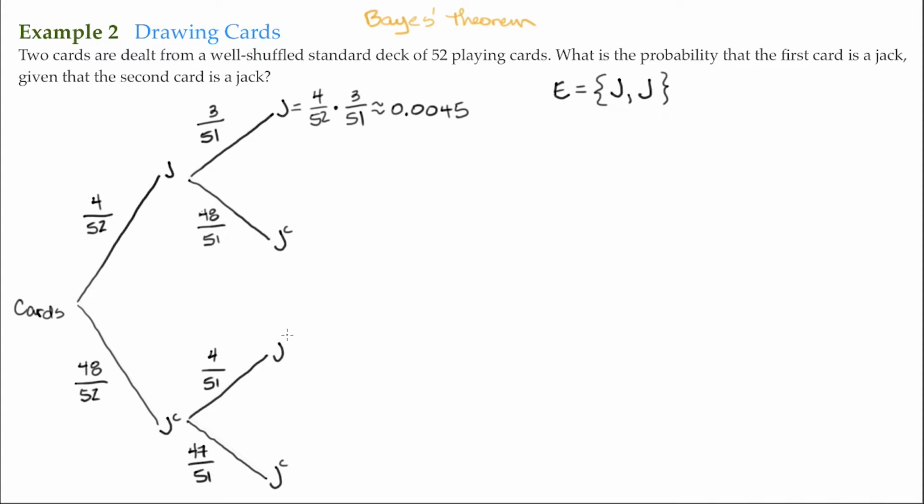But here's our second card is a jack. Again, don't forget, given that the second card is a jack, here's a jack here. What's the probability of this occurring? Well, that's 48 out of 52 times 4 out of 51. That's approximately equal to 0.0724.